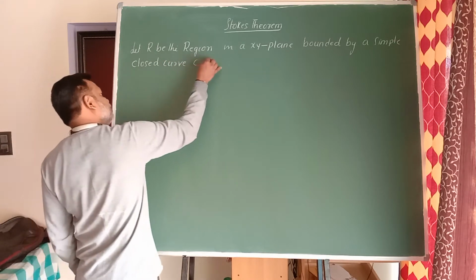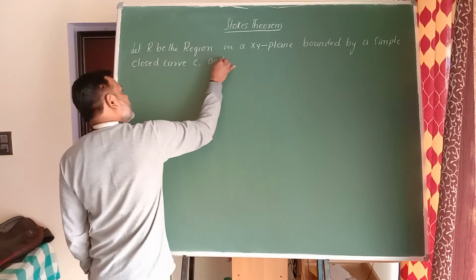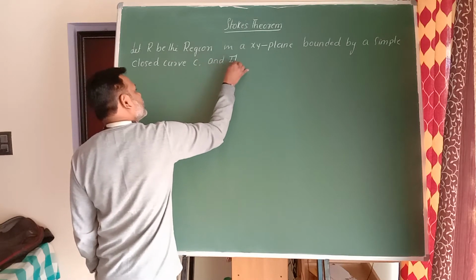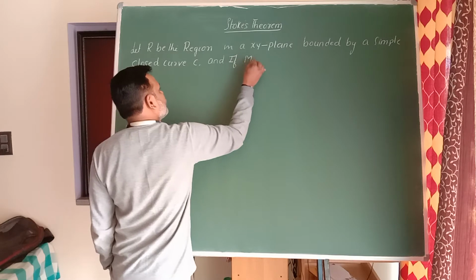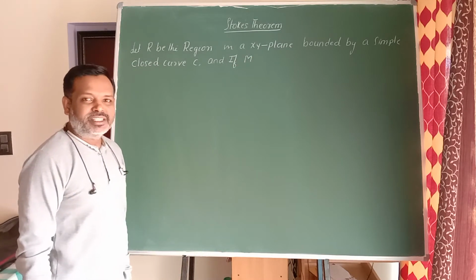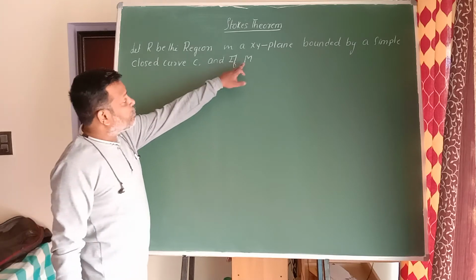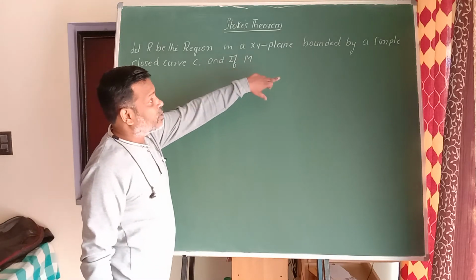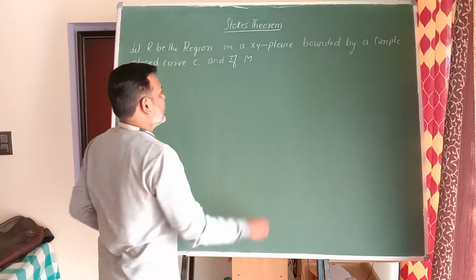And if I am considering two functions here, M is a function and N is another function, both M and N are functions of x and y because we are considering an xy plane.